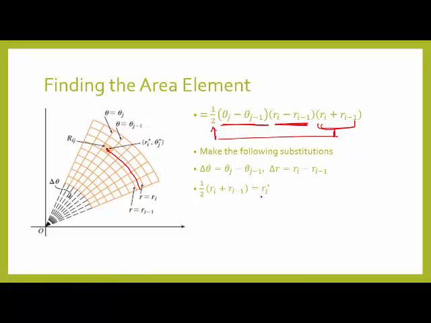We can call that r sub i star, the point in the middle, so we can consider that a point in the region. If we make those substitutions along with the deltas, then we can write the area of the sector, A sub ij, as r sub i star times delta r times delta theta.